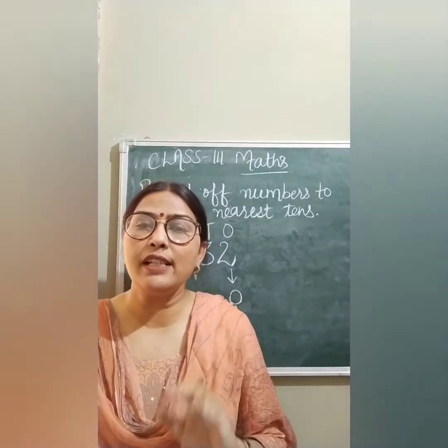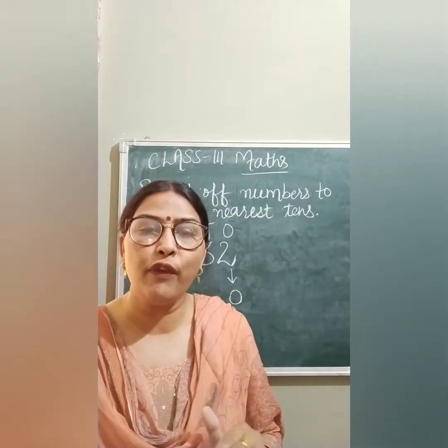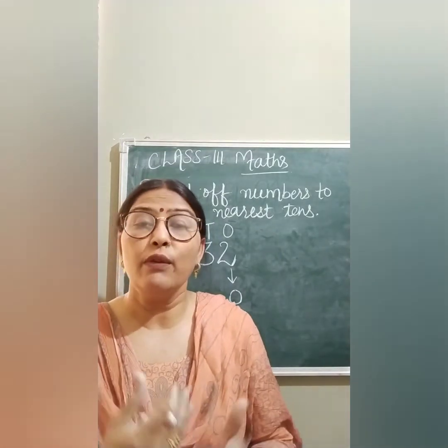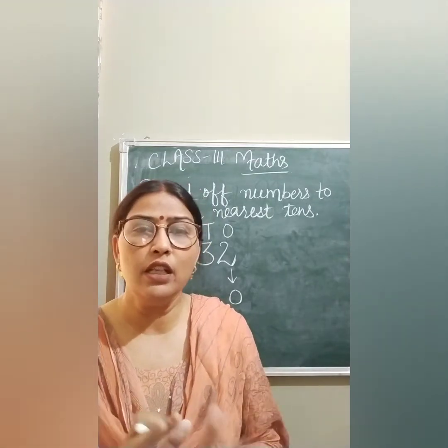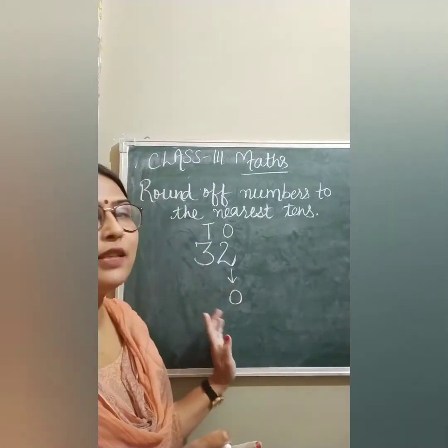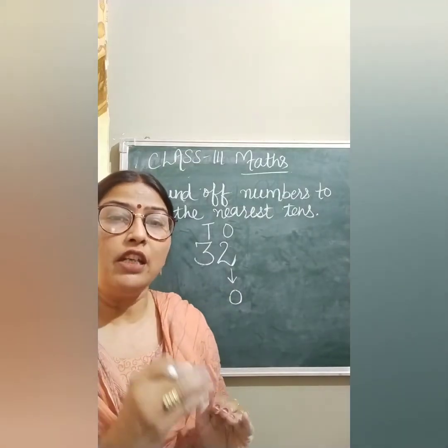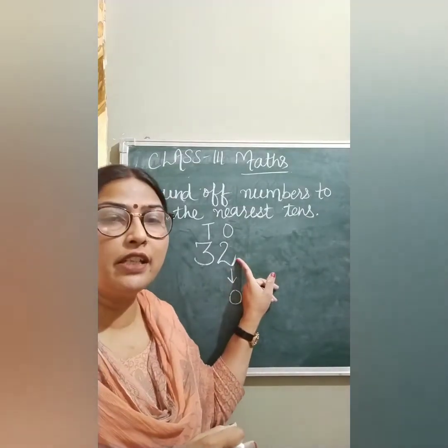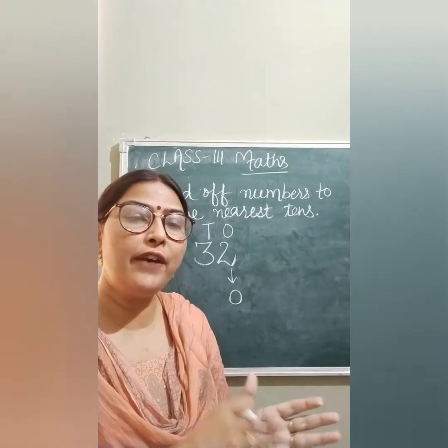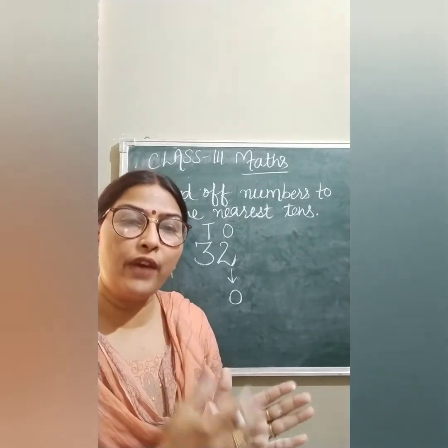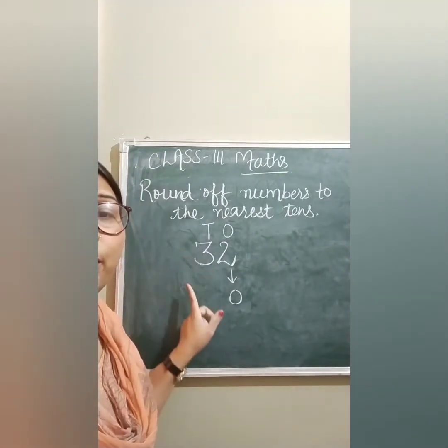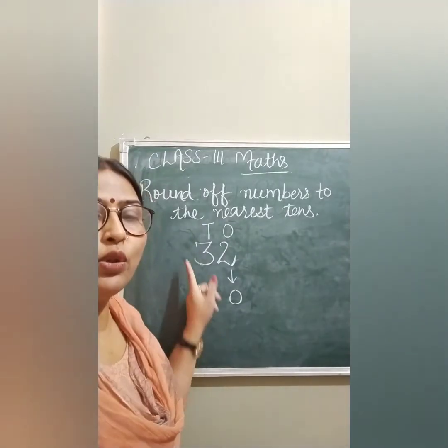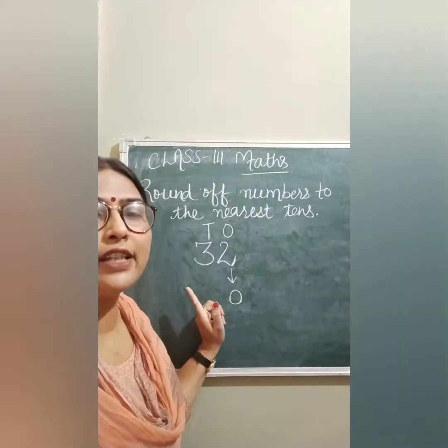If ones place digit is less than 5, less than 5 means smaller than 5, then there will be no change in tens place digit. But if ones place digit is 5 or more than 5, then the tens place digit will be the next digit.